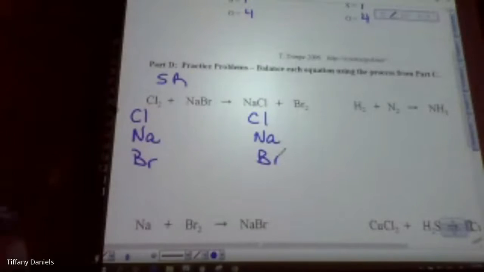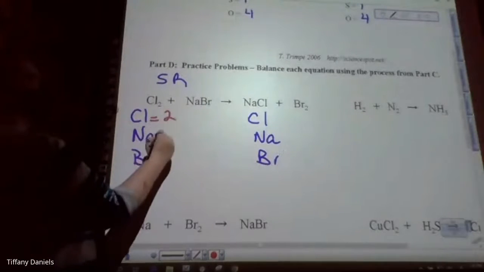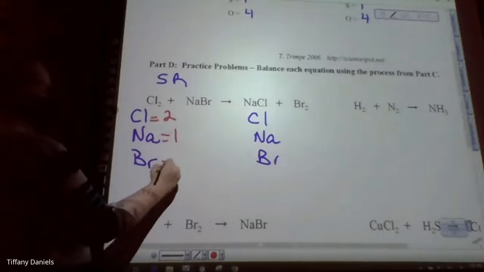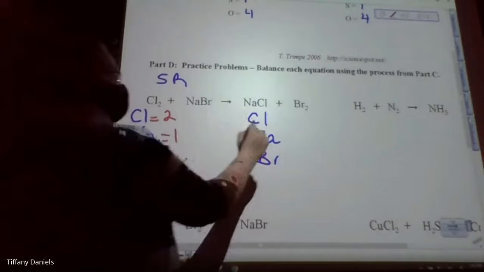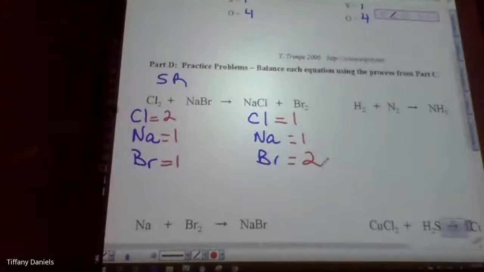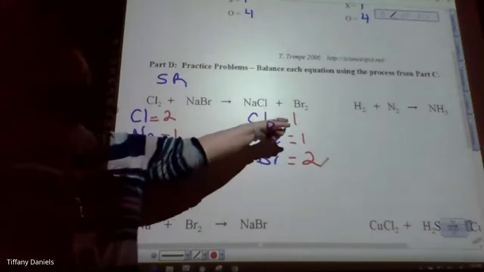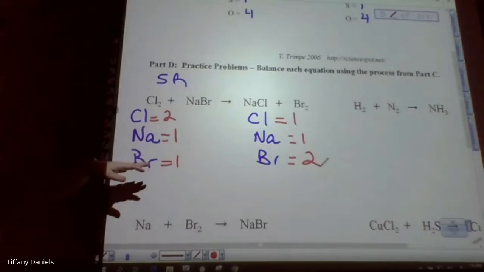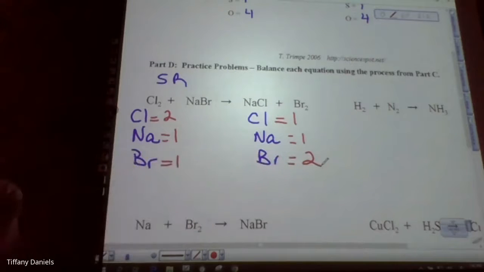All right, so the next thing I'm going to do is on the left side, figure out how many of each element I've got. So there's 2 of those, 1 of those, 1 of those. On this side, 1 of those, 1 of those, and 2 of those. So when I look across, I see that I have twice as many chlorines here as I do here. And for the bromine, I have twice as many bromines over here as I do here.